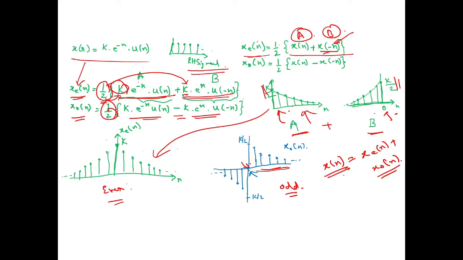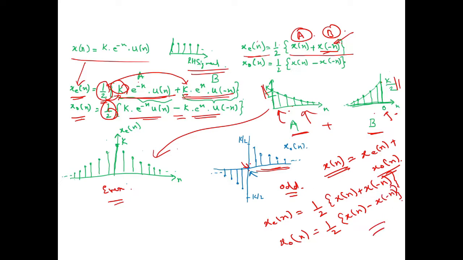Any signal can be broken down into the even and the odd component. How can you break it down? x e of n is given by half of x of n plus x of minus n, and the odd component is given by half of x of n minus x of minus n.